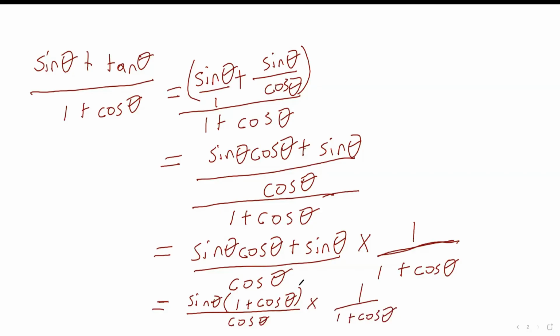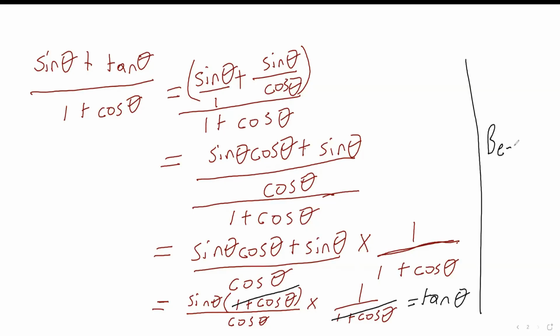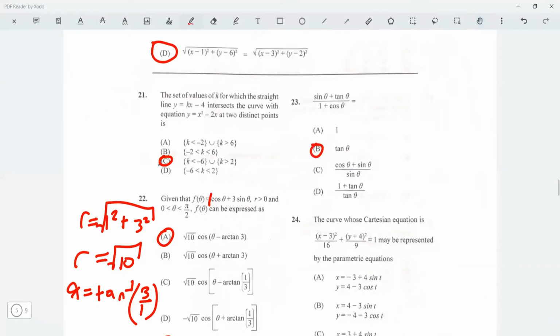The 1 plus cos theta cancels the 1 plus cos theta. So we're left with sine theta over cos theta, which is tan theta. This question, they don't even say nice, they say beautiful. This was just beautiful. We get tan theta. That's option B.